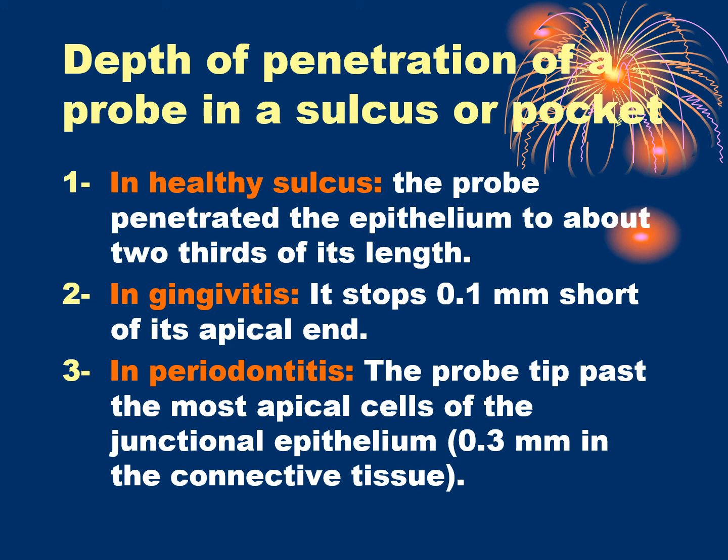In a healthy sulcus, the probe penetrates the epithelium to about 2/3 of its length, while in case of gingivitis, it stops 0.1 mm short of its apical end. In cases of periodontitis, the probe tip passes the most apical cells of the junctional epithelium, 0.3 mm into the connective tissue.